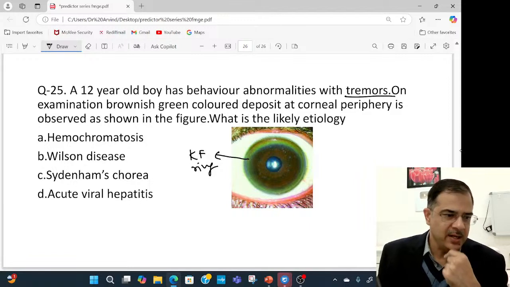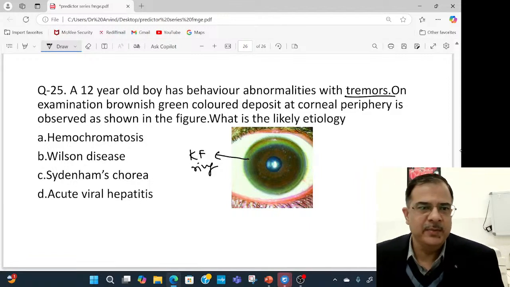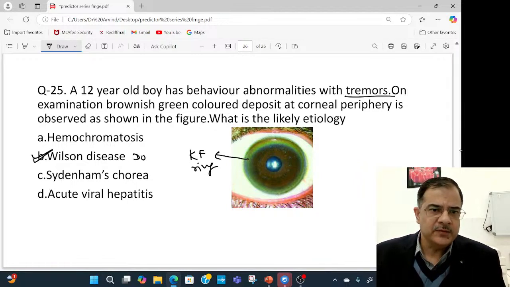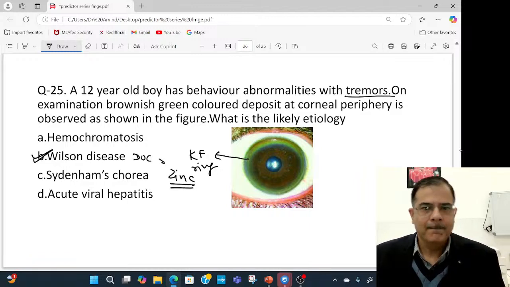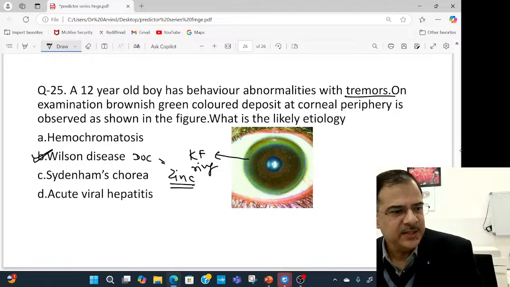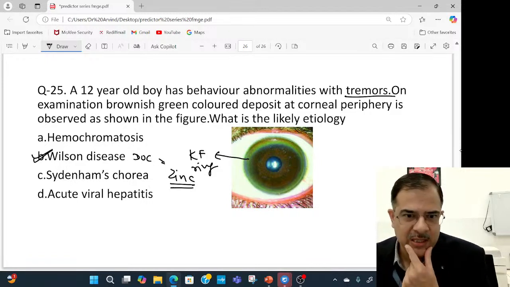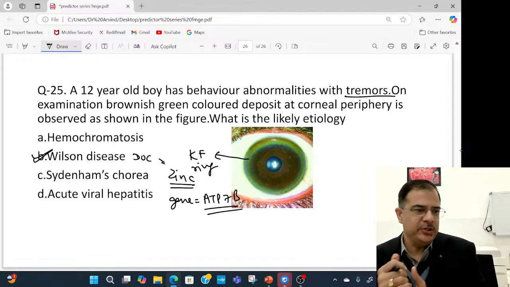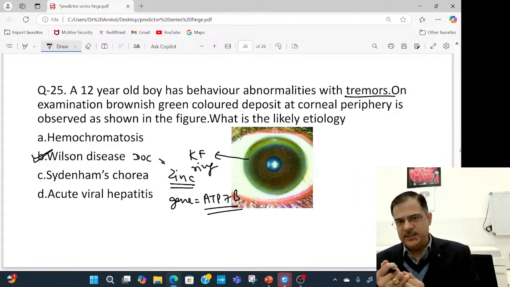So, the answer here will be Wilson's disease. And the drug of choice for Wilson disease that we give is zinc. And they ask about the gene with the mutation: ATP7B is the gene which is affected in Wilson's disease.